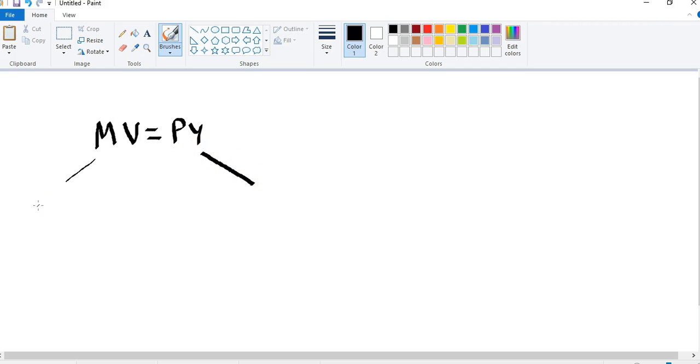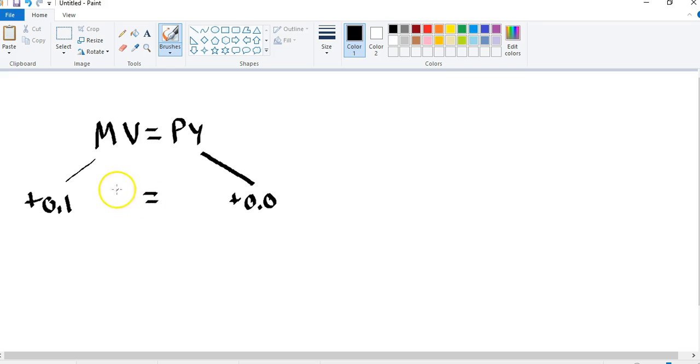So let's look at our changes, our growth rates. Let's say we have a money supply with an increase of 10%, an increase of 0.1, and our output has no increase, 0.0 change. Well, what is the result going to be? We know that we need an equality.